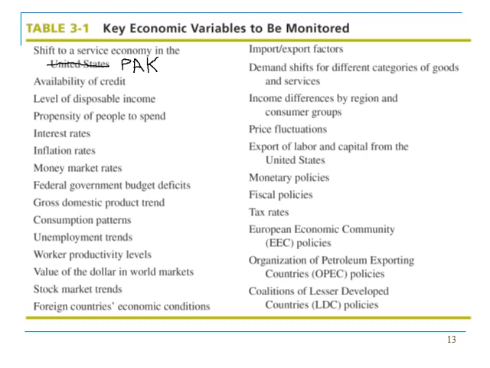Okay. Then availability of credit for the company, level of disposable income, propensity of people to spend, interest rates, inflation rates, money markets, federal government budget deficit, gross domestic product trend, consumption pattern, unemployment trend, worker productivity level, value of the dollar in world markets, stock market trends, foreign countries' economic conditions, import export factors, demand for different categories of goods and services, income difference by region and consumer product, price fluctuation, export of labor and capital from Pakistan.